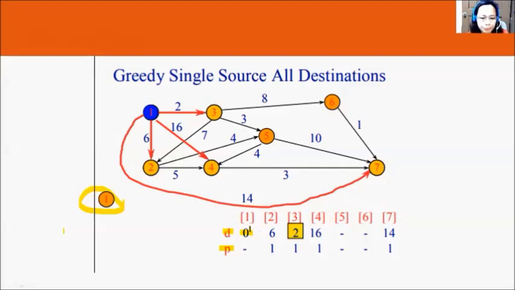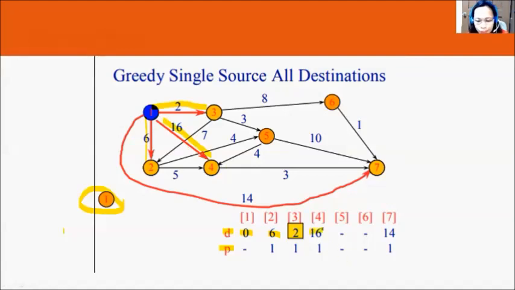From vertex 1 to vertex 2, we have a length of 6. That's why we have 6 here. So 6 is the distance or the length. Next, from vertex 1 to vertex 3, we have a distance of 2. That's why we have the 2 here. Next, from vertex 1 to vertex 4, we have a distance or length of 16.